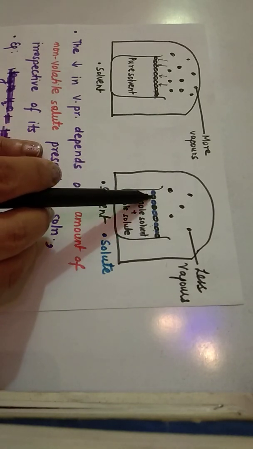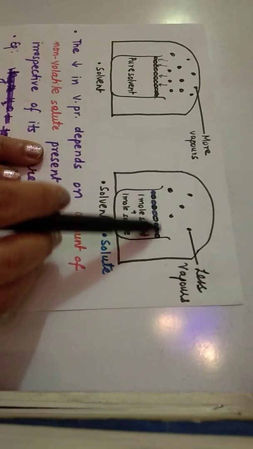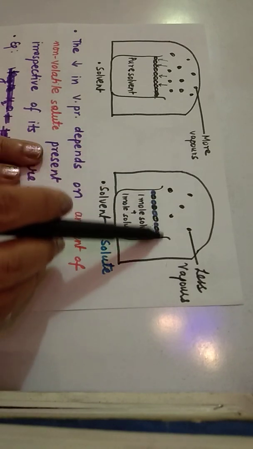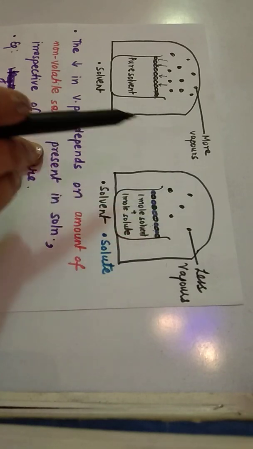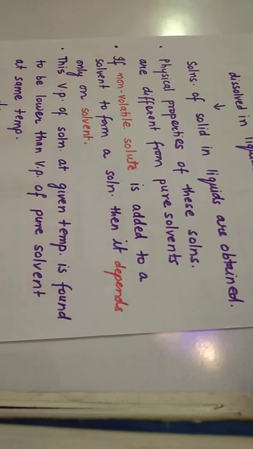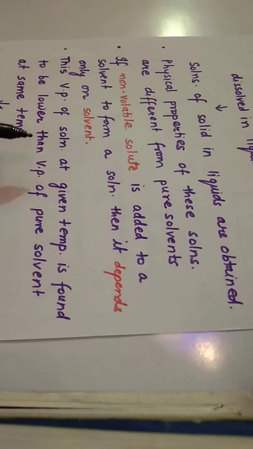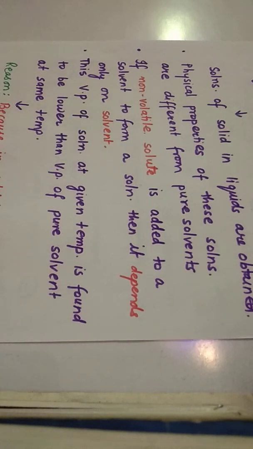So the presence of non-volatile solute decreases the surface area of volatile solvent, thus forming fewer vapors and reducing the vapor pressure. So this is exactly what happens. Now if a non-volatile solute is added, then the vapor pressure totally depends upon the solvent.